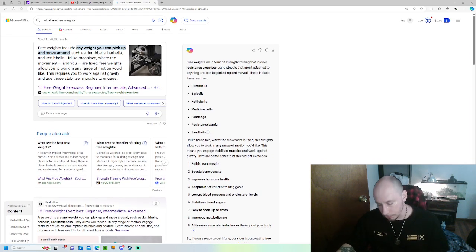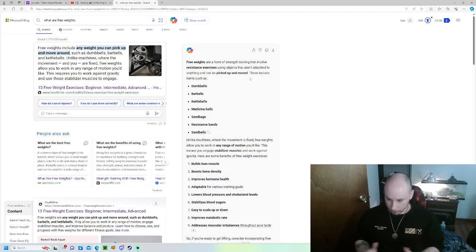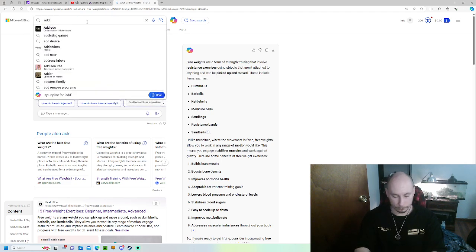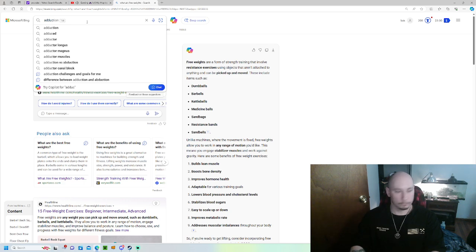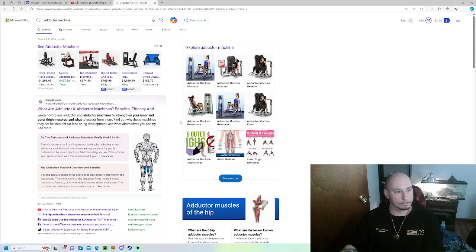And as for machines, you have the leg extensions, the leg press, the hamstring curl, the seated hamstring curl, the abductors, the adductors. The adductors I believe is you're adding your legs together.